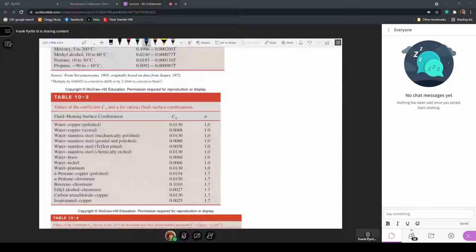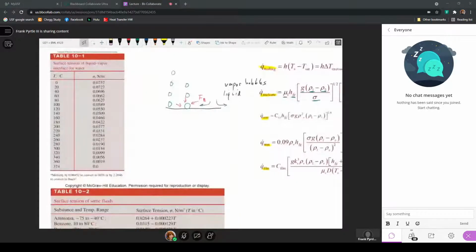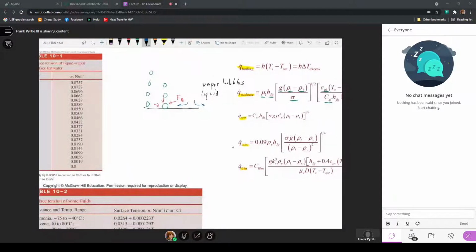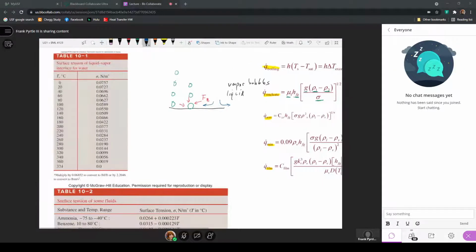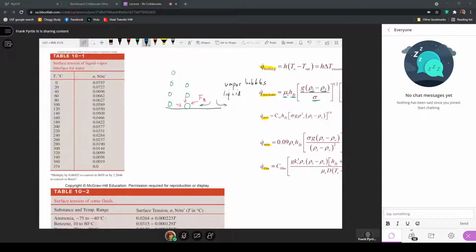Now, these other two tables, 10-2 and 10-1, are expressions of the surface temperature or surface tension for water when we have what we consider a temperature dependence of this expression of the surface tension that would be in the denominator of this first ratio that we find in the nucleate pool boiling heat flux determination for when we're using water.